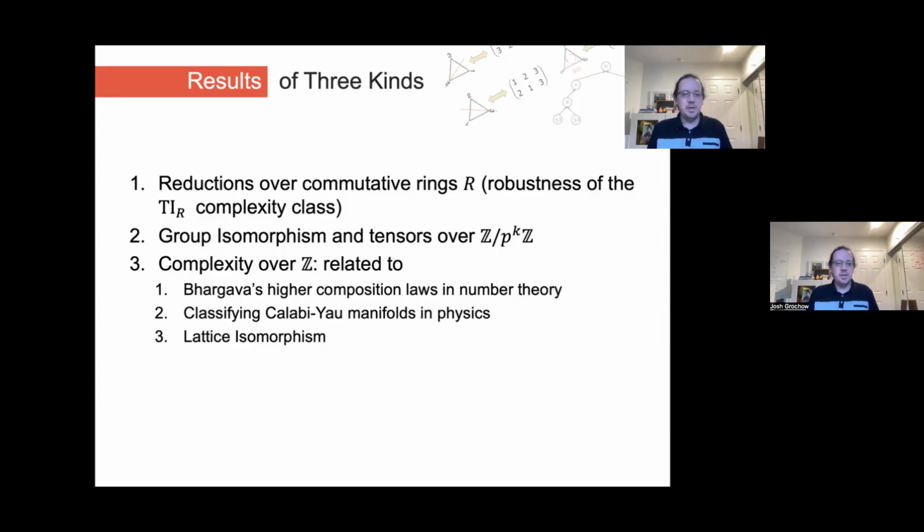And the third is about the complexity of tensor problems over the integers. This is related to Bhargava's higher composition laws in number theory, what I mentioned before about classifying Calabi-Yau three manifolds in physics, and lattice isomorphism.